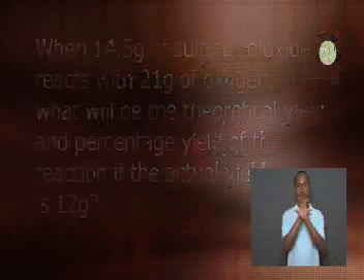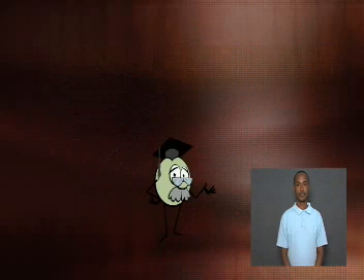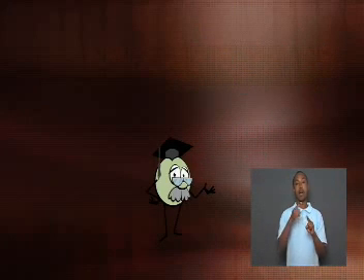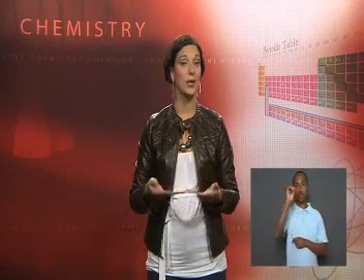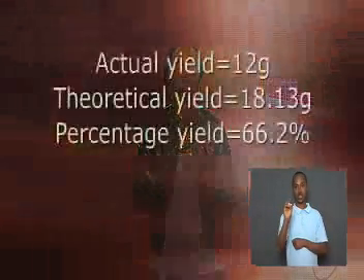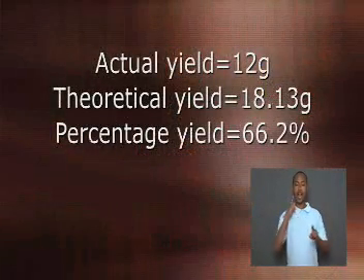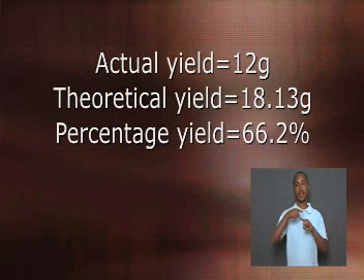Time's up. Let's get back to our lesson. Welcome back, students. When 14.5 grams of sulfur dioxide reacts with 21 grams of oxygen, we have an actual yield of 12 grams.